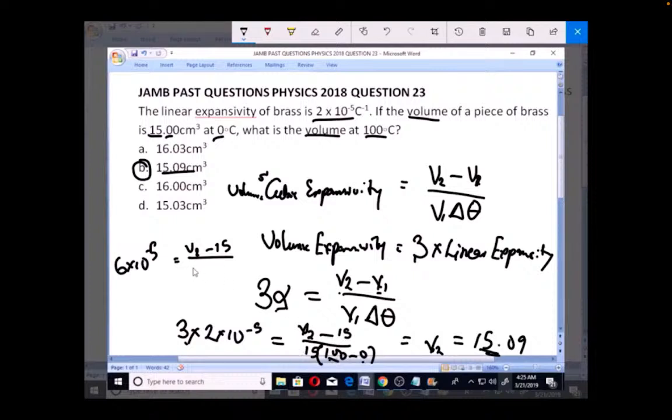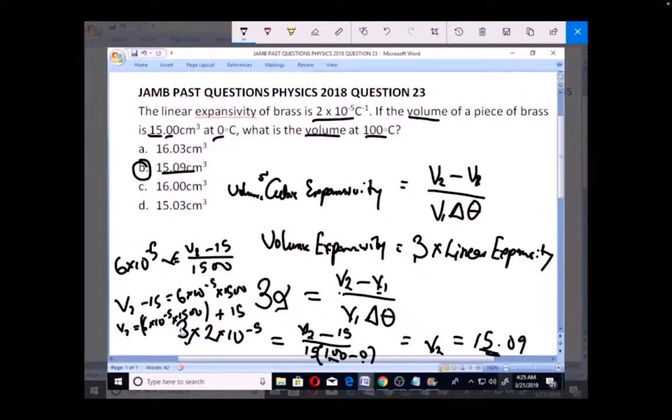100 times 15 is 1,500. So when you cross multiply, you're going to have V2 minus 15 is equal to 6 times 10 to the power minus 5 times 1,500. If you multiply this out and make V2 the subject, we have V2 equal to 6 times 10 to the power minus 5 times 1,500 plus 15, as the 15 goes to this side.